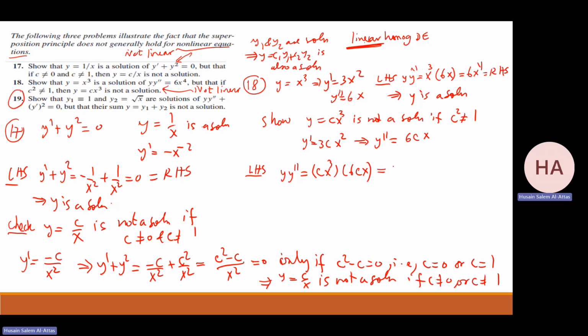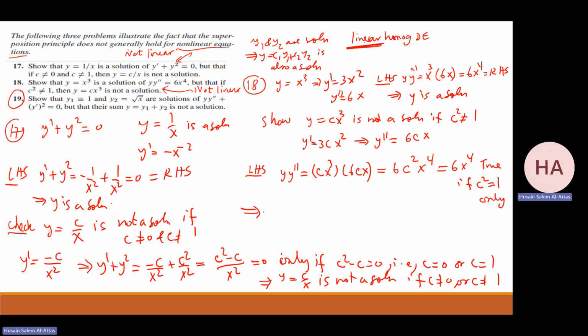Which is what? 6c squared x to the power 4. And we want to prove this is equal to 6x to the power 4. And that is true if c squared is equal to 1 only.